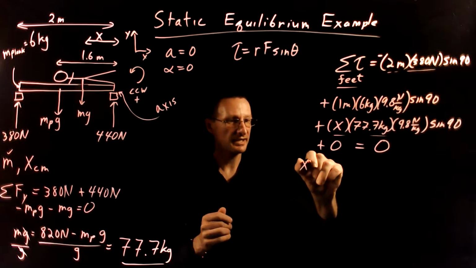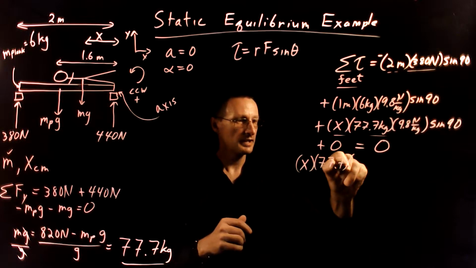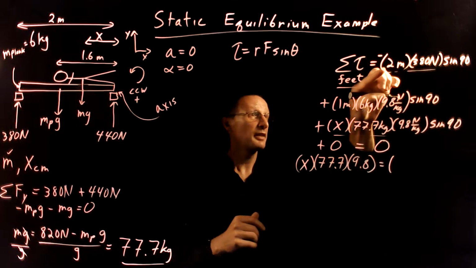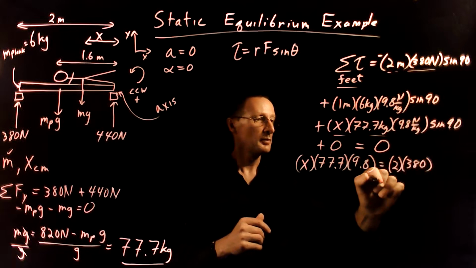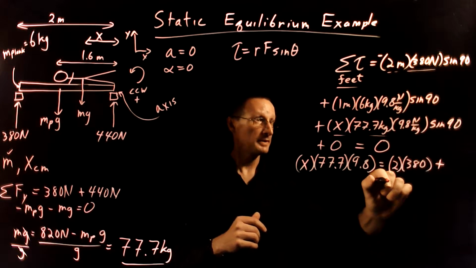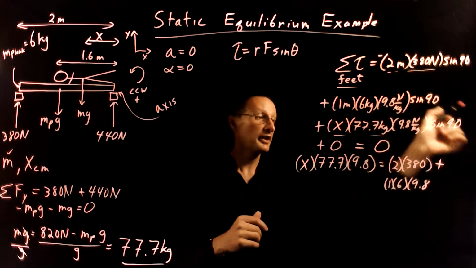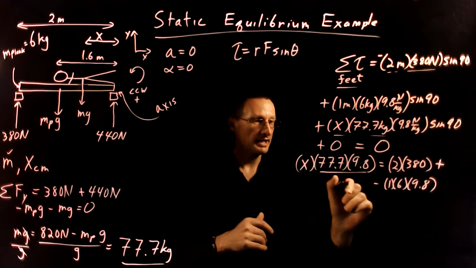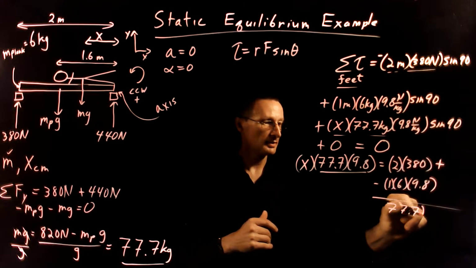So this term becomes x times 77.7, dropping the units, times 9.8, equals, when I throw this on the other side, it becomes positive, 2 times 380, plus this term here, 1 times 6 times 9.8, which, when I throw that on the other side, becomes negative. Now I just need to divide both sides by 77.7 times 9.8.